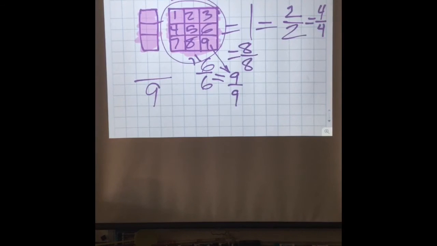So what would my top number be? 3. 12. What would my number be? 12. 12 over 9. Does it mean that I have more than 1 whole? Yes. So that means that once this number is bigger than the bottom number, I have more than 1 whole.